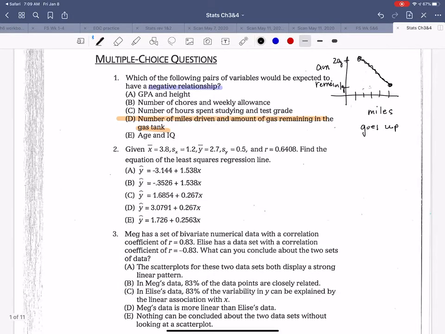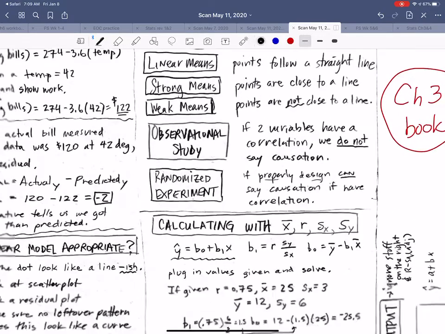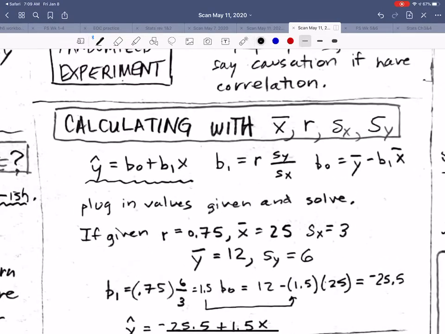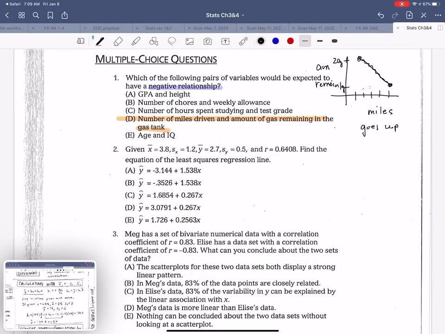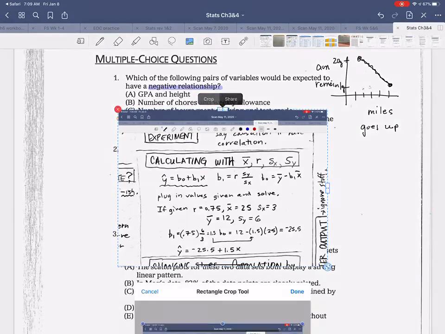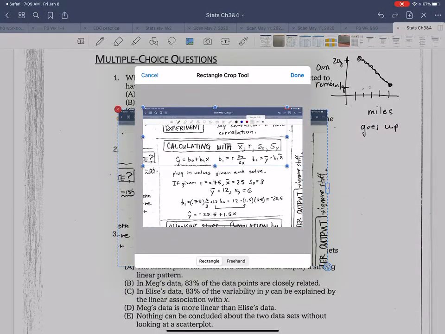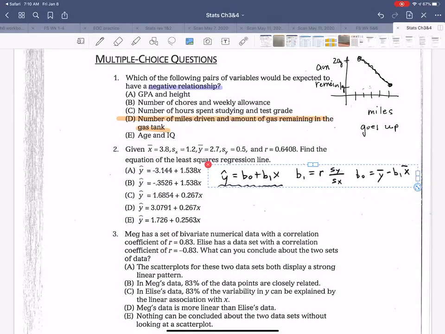Number 2, we look at our formulas here, right? And we want to use these formulas to answer this question, similar to the example we have here. So I'm just going to take a quick picture of that and plop it down here because those are the formulas I need to answer this question.